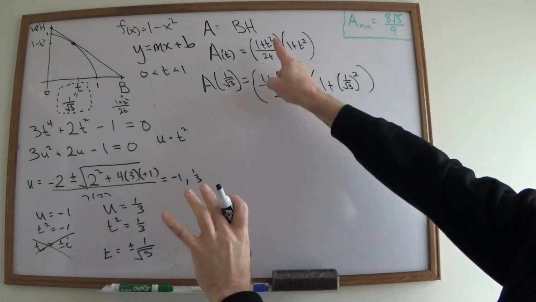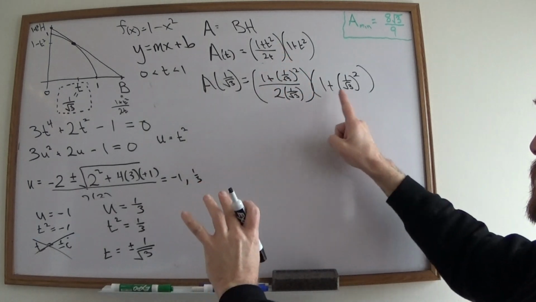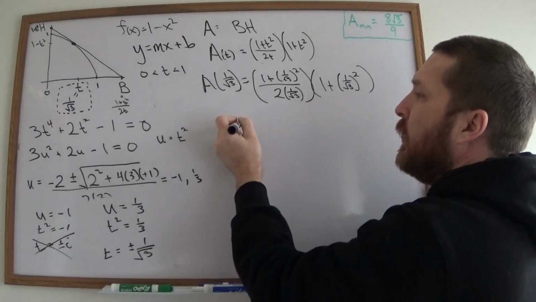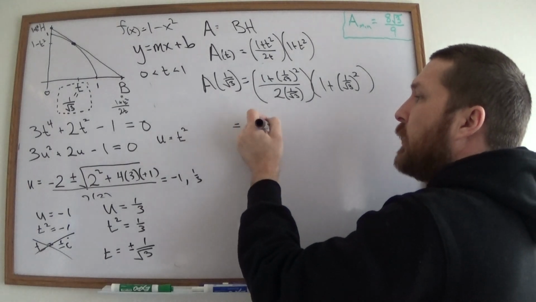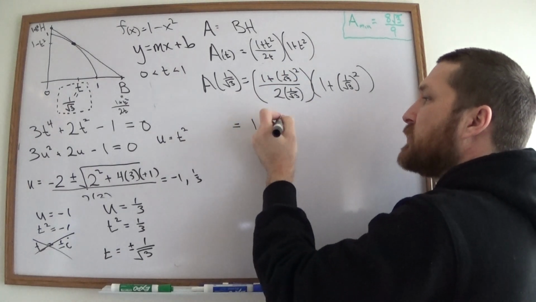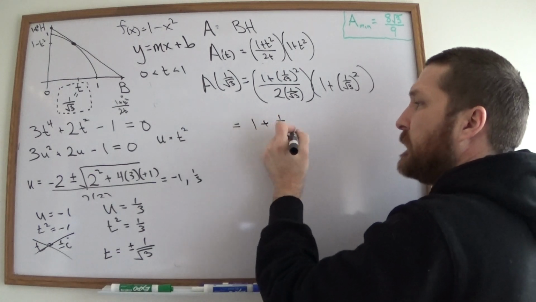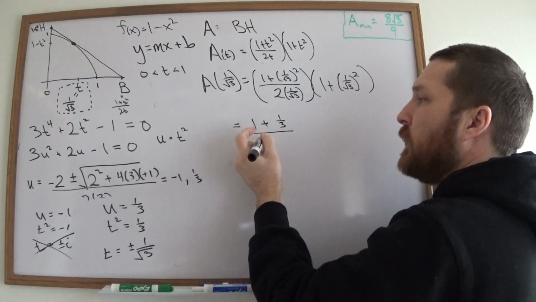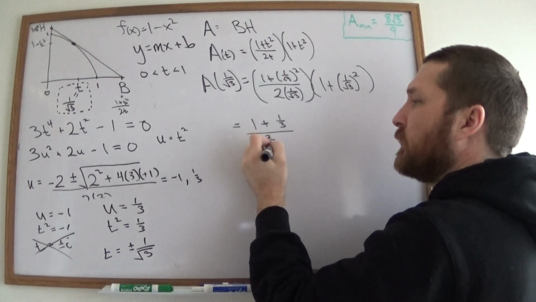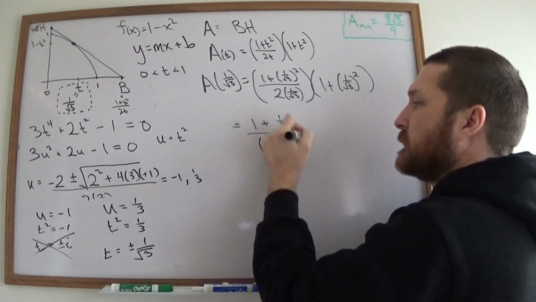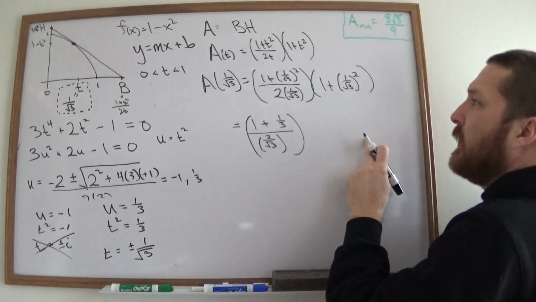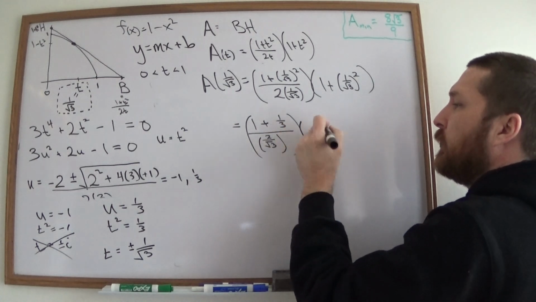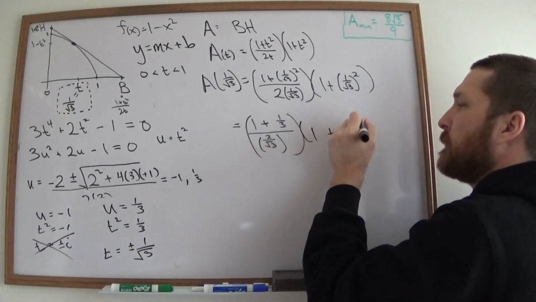Yes. In the numerator, 1/√3 squared is just 1/3. Down here, we have 2 over root 3. Now over here, we get 1 plus a third.